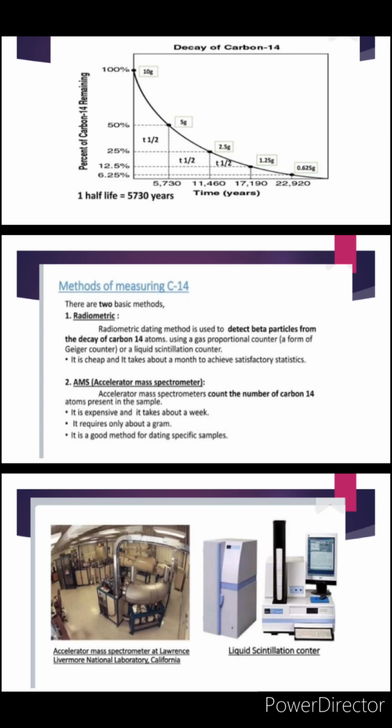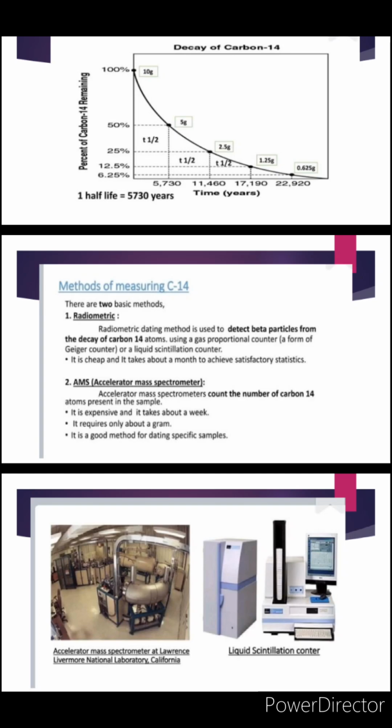In the carbon 14 dating method, there are two methods of measuring carbon 14. One is the radiometric method and the other is the AMS method. The radiometric dating method is used to detect the beta particles from the decay of carbon 14 atoms.